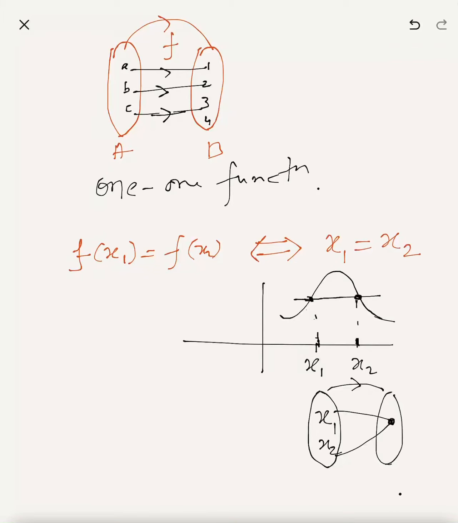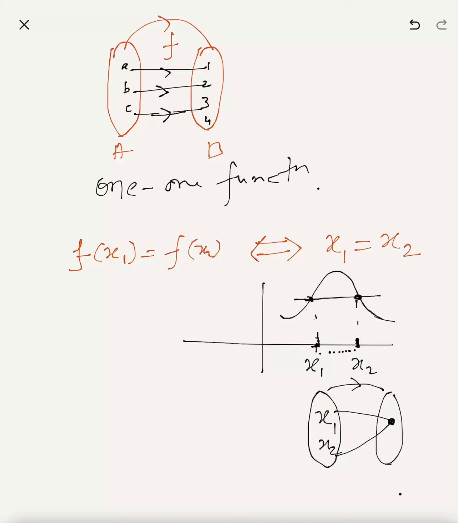Both are the same. So is this a one-one function? No, right? So in order to be one-one, x1 must be equal to x2. When this x2 comes close to x1 or overlaps x1, then you can say that it is a one-one function.